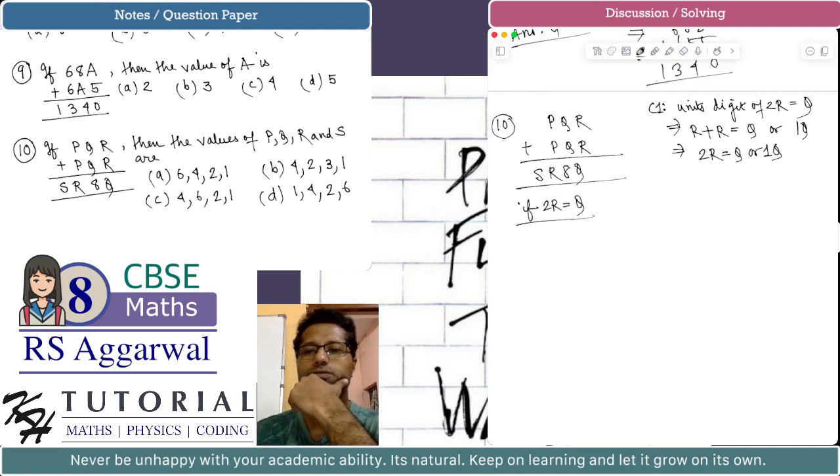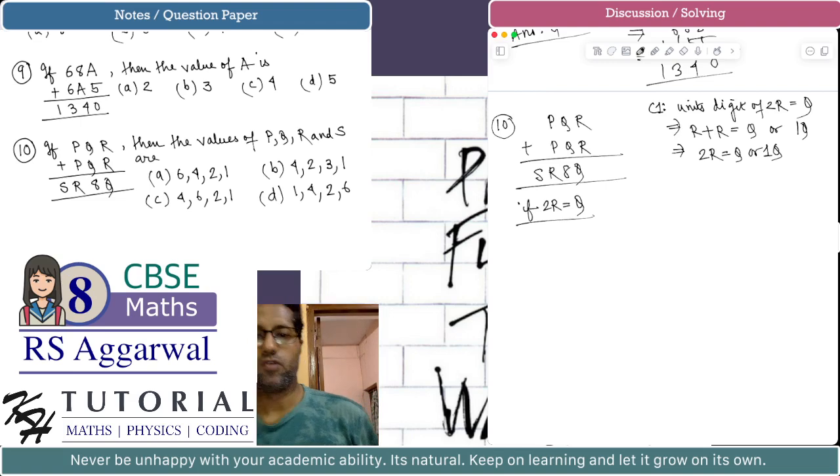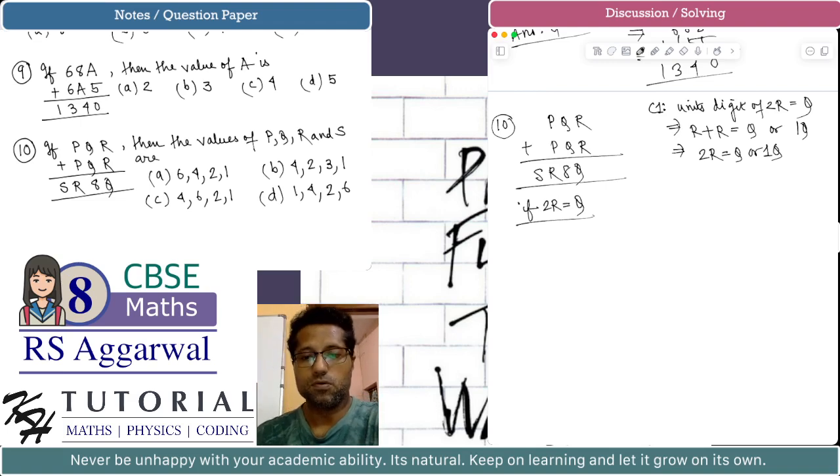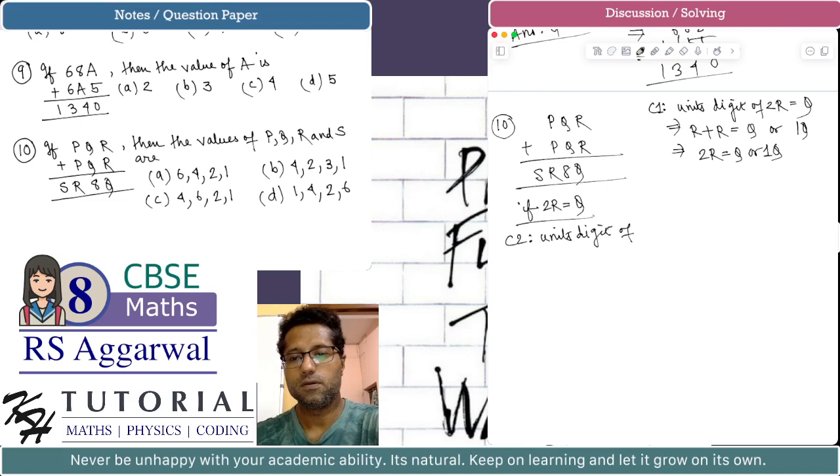If twice r is equal to q, then for the column 2 addition, we see that the units digit of q plus q is given to be 8.